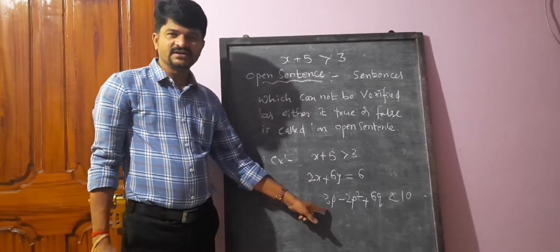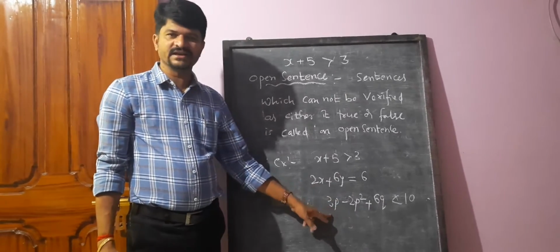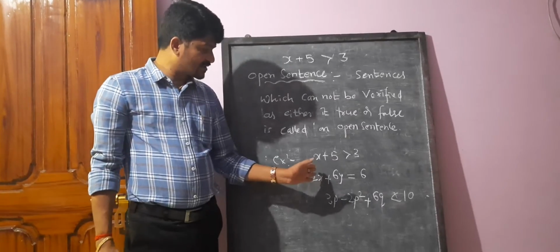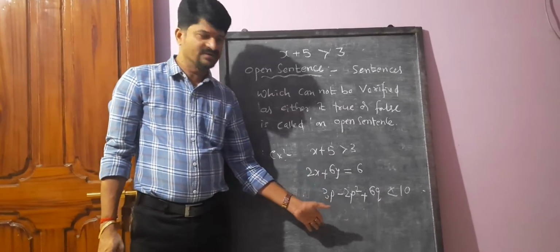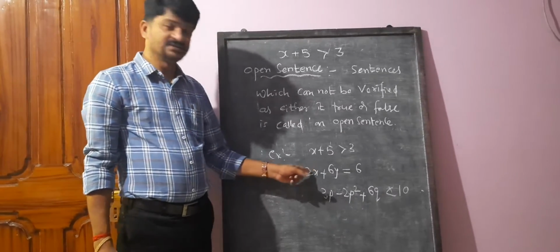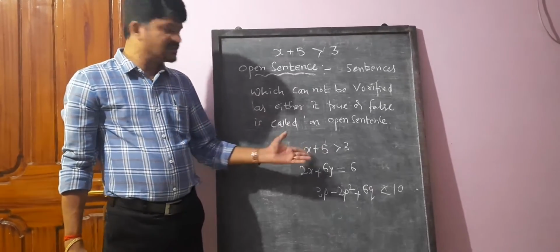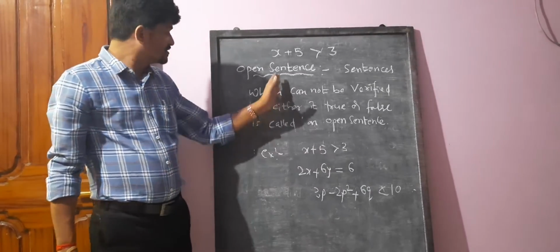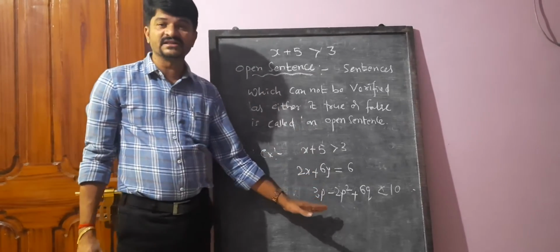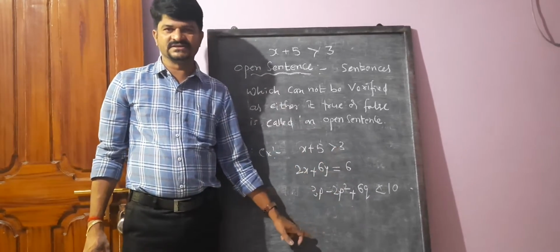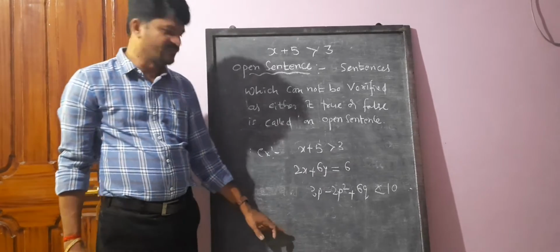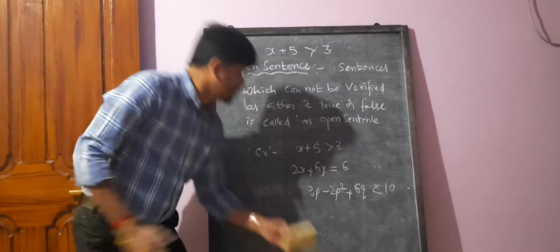These are different sentences which can be learned in higher classes, but only for knowing, I am writing them here as examples. Is it clear, children? We cannot verify all these as true or false. So these sentences come under open sentences. Clear, children? Very good.